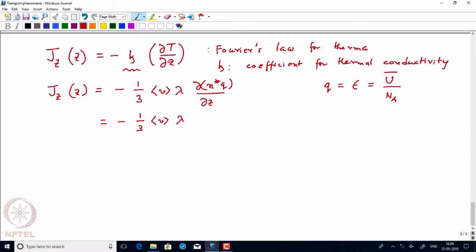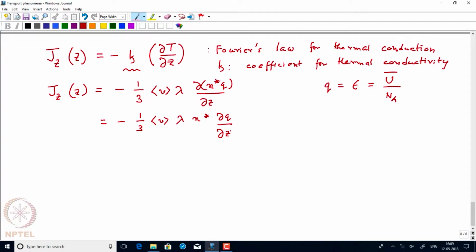So conduction by definition means that the molecules or the particles do not move. Rather, in the molecular picture they vibrate at the same position, and they transfer the heat to the neighboring molecule, and that's how heat conduction works. So the n star, or the number density, does not change. So there is no density gradient. So we can take it outside the differential, and so it will be nothing but del Q del Z.